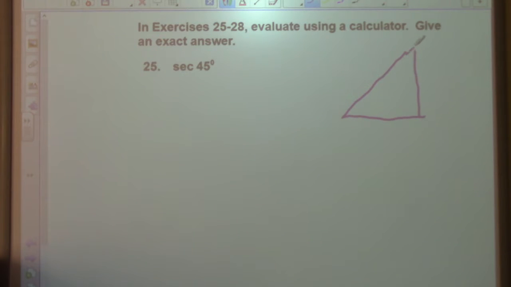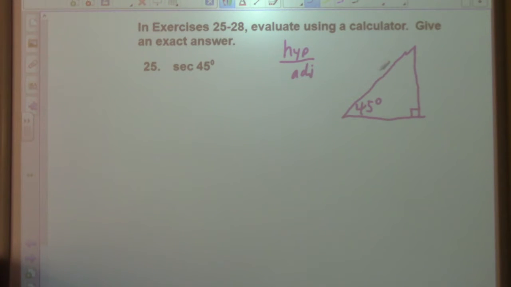So that looks sort of 45-ish, you think? Yes, kind of, 45 degrees. So here's our 45-degree angle, and what is secant going to be? The reciprocal of cosine. So it's going to be hypotenuse over adjacent.